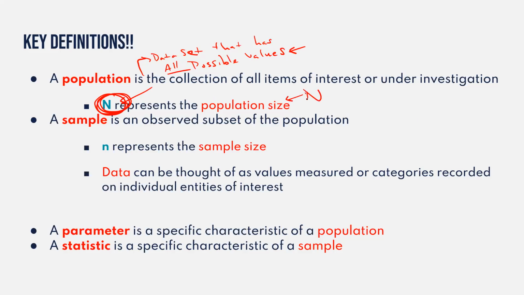So capital N, population. I have an example of this in a little bit. In the real world, a lot of times it's really hard to have a population data set. So what we do is we take what's called a sample. A sample is an observed subset of the population, a small subset of data taken from a population.